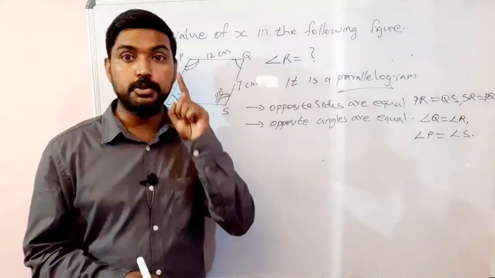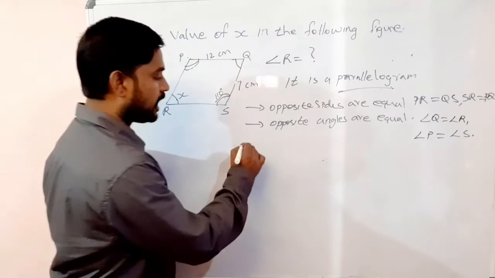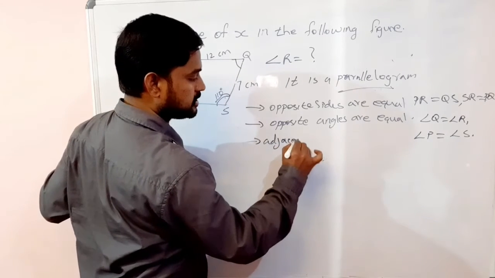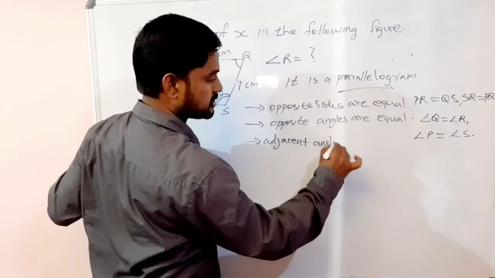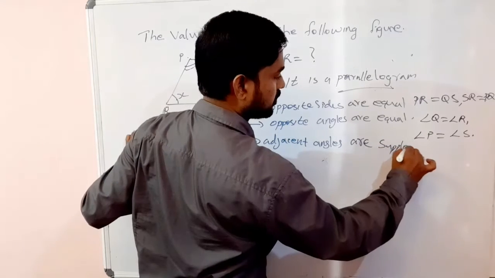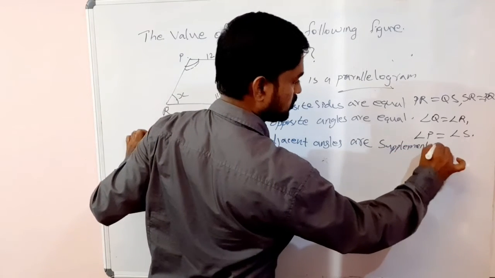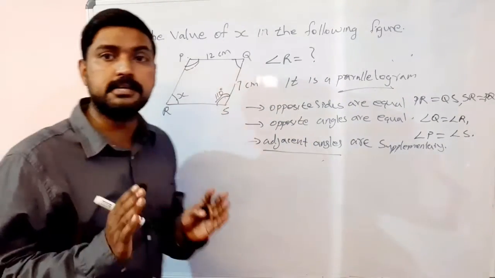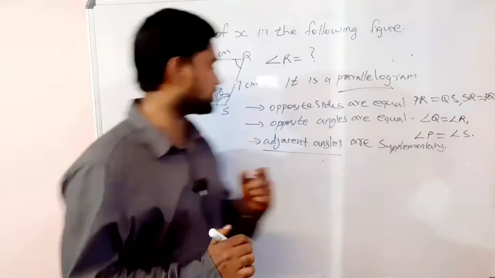Now we can discuss what the value of this x is. Before that, we need to know one more property. What is that? Adjacent angles are supplementary. What are adjacent angles? Adjacent angles means two angles which are nearest.